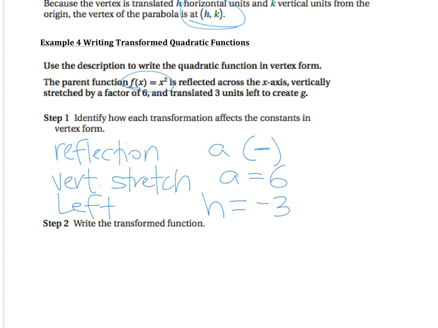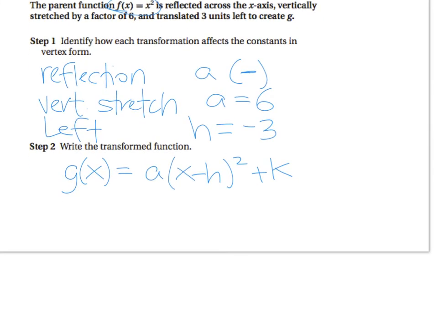So we write the transformed function. So we know that it's a times x minus h quantity squared plus k. So my a is negative 6, h is negative 3, and there is no k.